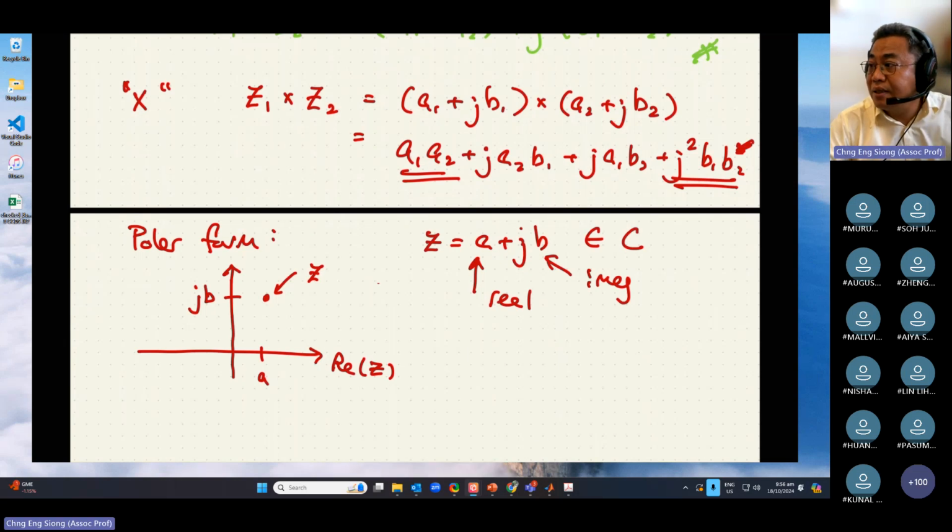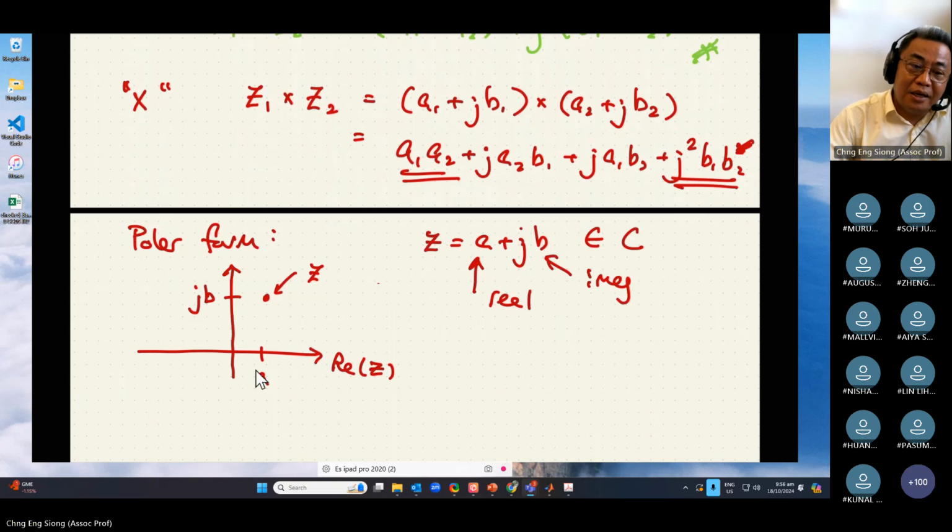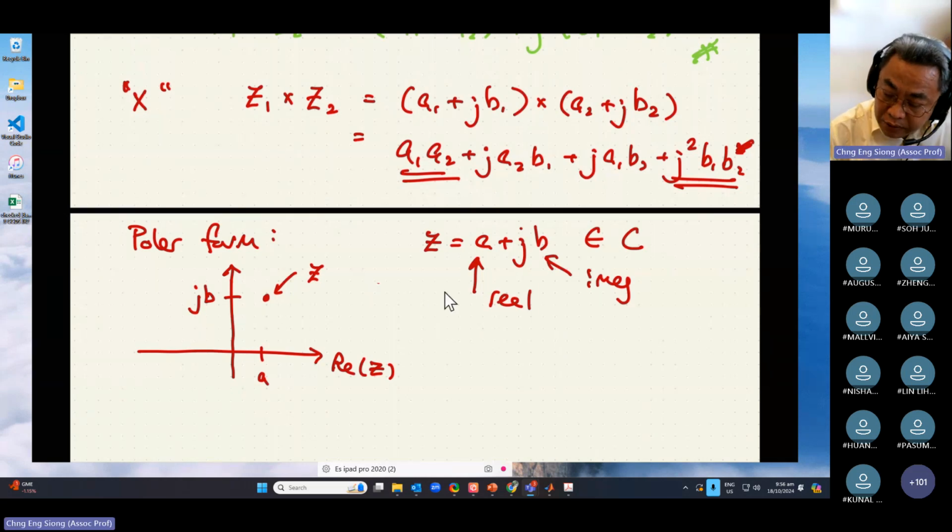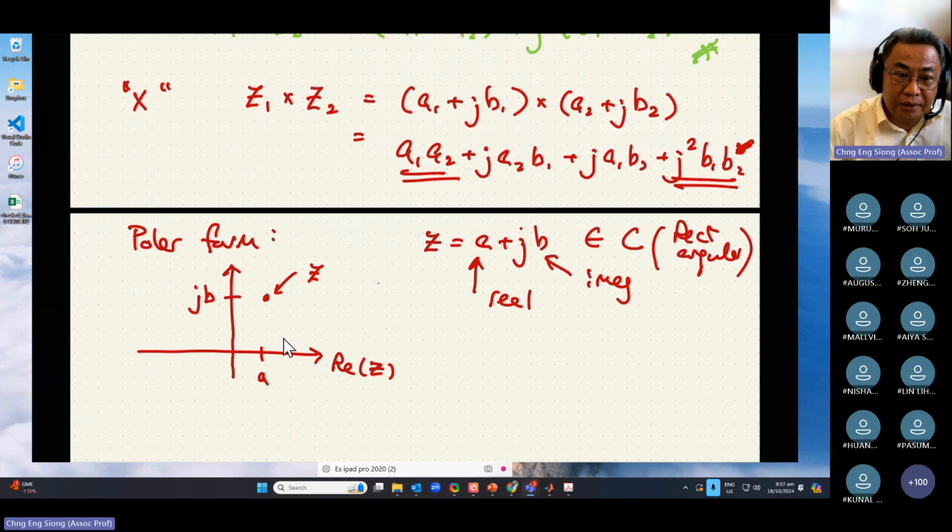Okay, there are some questions, but let's finish this first. A plus JB. So Z is a point in the complex plane. And this form is called the rectangular form because as you can see, there is a rectangle here.